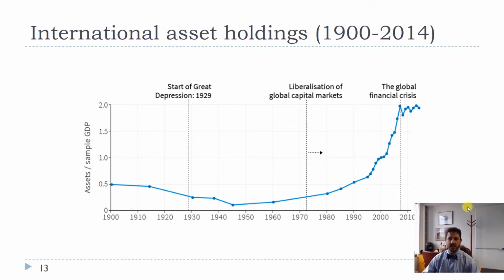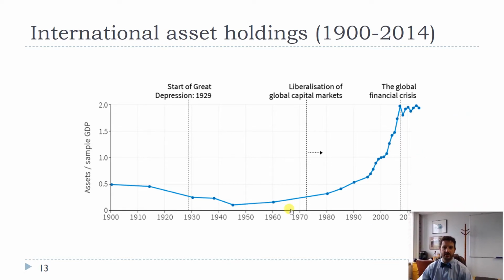So we can see international asset holdings. This goes back to 1900, and this is sort of an average for countries where it's just assets divided by GDP. And you can see that it was pretty low in 1900. It actually fell all the way until almost 1950 when it started to grow again.